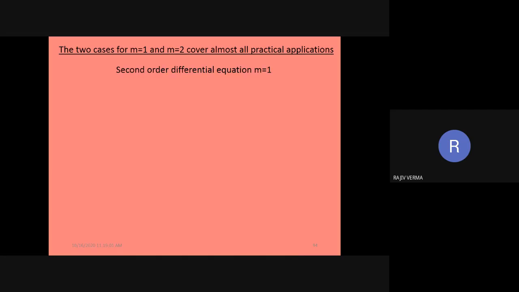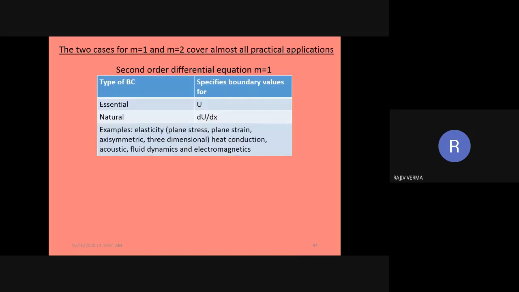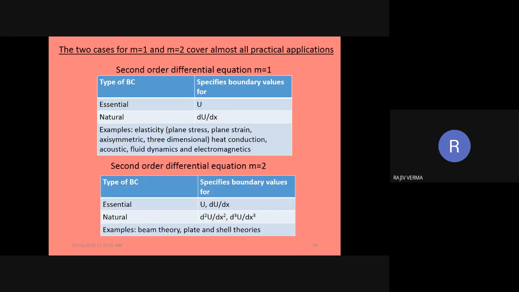Second order differential equation has m equal to 1. The examples are elasticity, heat conduction, acoustics, fluid dynamics, and electromagnetics. For m equal to 2, this is the fourth order differential equation. There is a typing mistake over here also.